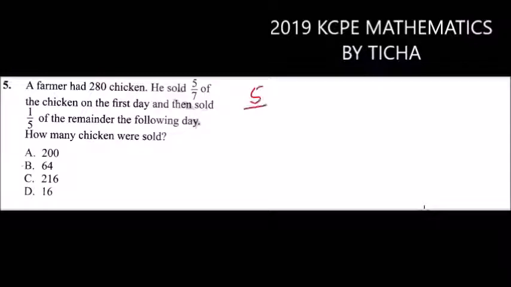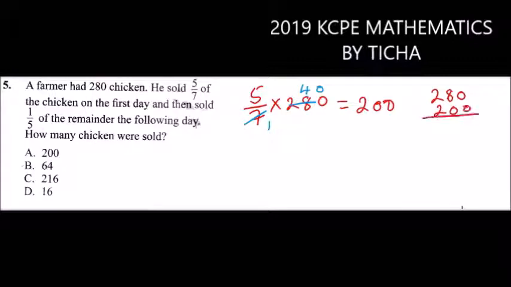You multiply 5/7 by 280. You can divide by 7, you get 1, and 280 by 7 you get 40. So when you multiply 5 times 40, this is 200. So out of 280, the farmer was left with 80, since 280 minus 200 gives that.